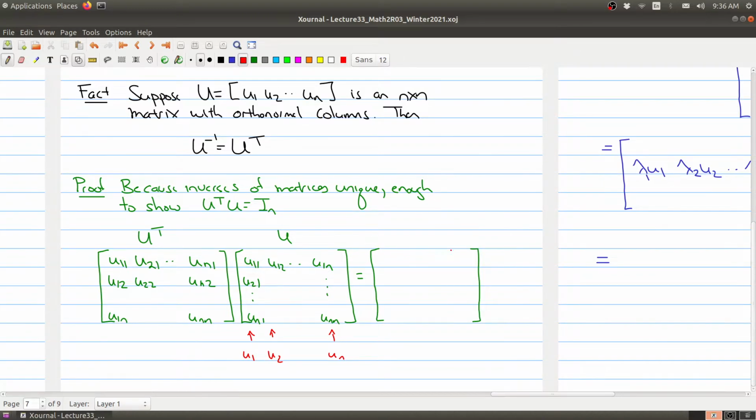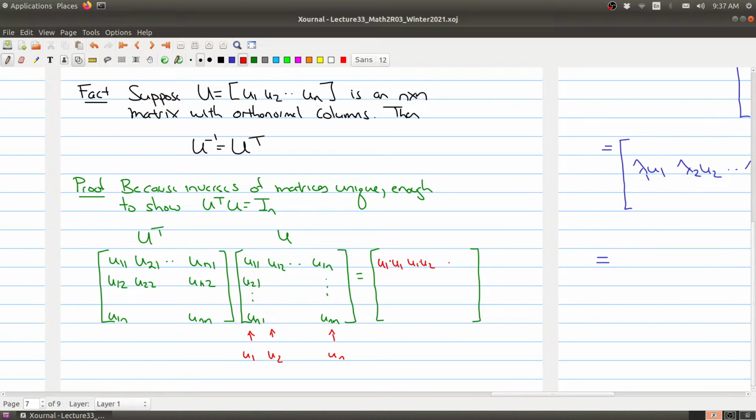Notice when we start to fill in this matrix, I'm not going to write it all out, but we would be taking this row, pairing it up with this column. That would be the same thing as taking U1 dotted with U1. But if I take this row with this column, this is the same thing as taking U1 dotted with U2, because the first row is U1 and the second column is U2.